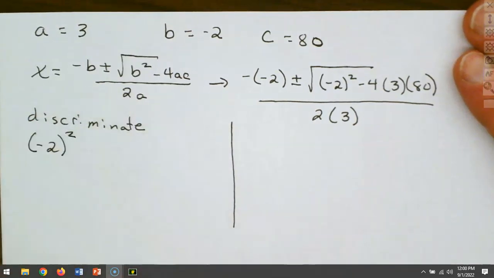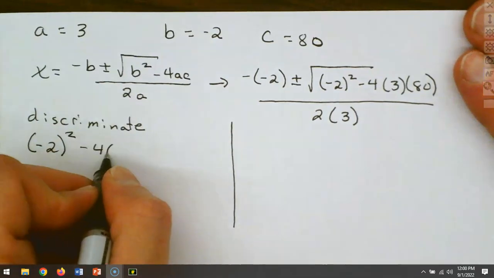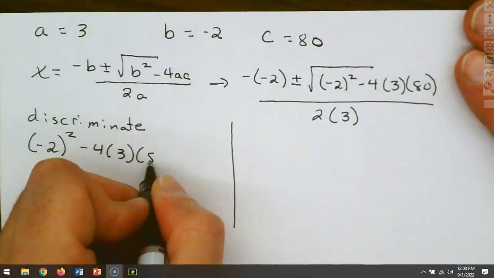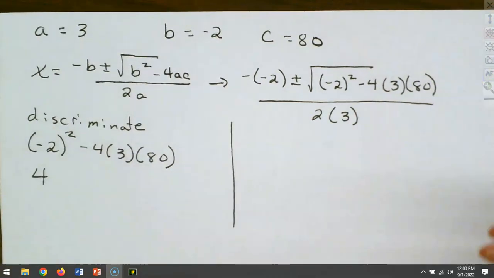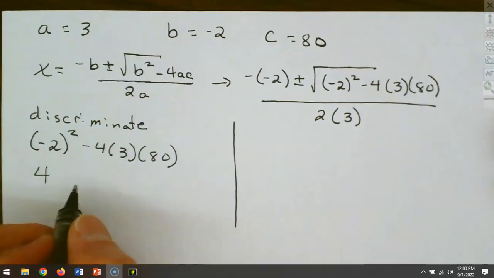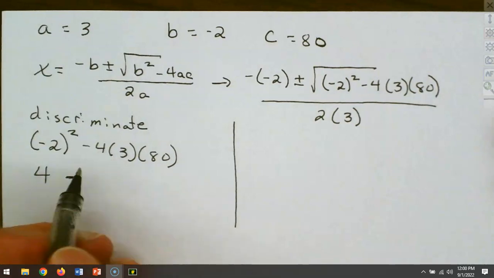So that's minus 2 squared minus 4 times 3 times 80. Negative 2 squared, whenever you square a negative, it becomes a positive number. So that takes care of that. Then you've got 1 negative, so that stays negative, right? 1 negative here makes it negative.